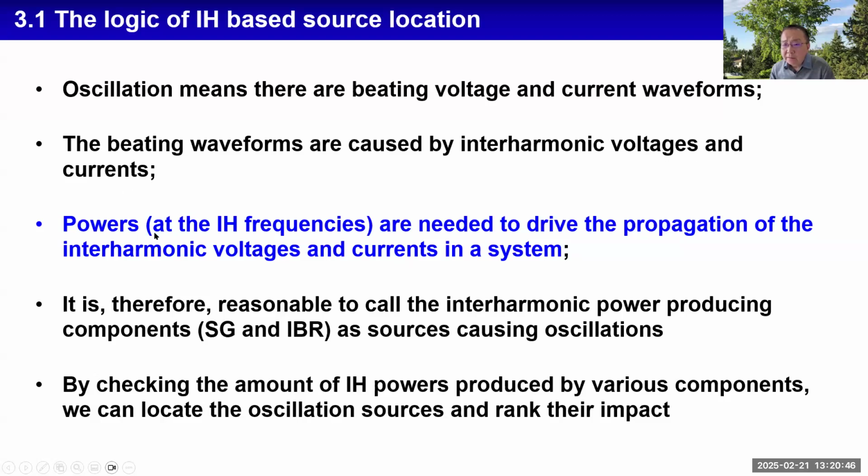Powers are needed at these particular interharmonic frequencies to drive the propagation of interharmonic voltage and current in the system. So it is reasonable to call interharmonic power producing components the sources causing oscillation. We can check the amount of interharmonic power produced by various components, locate oscillation sources, and rank the impact based on the amount of interharmonic power produced.